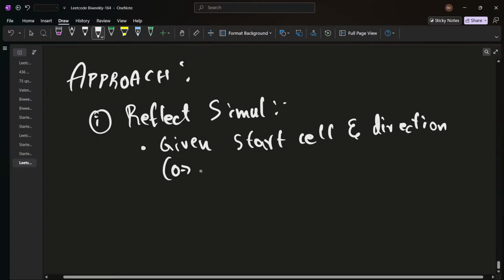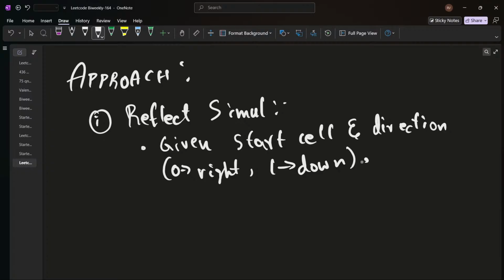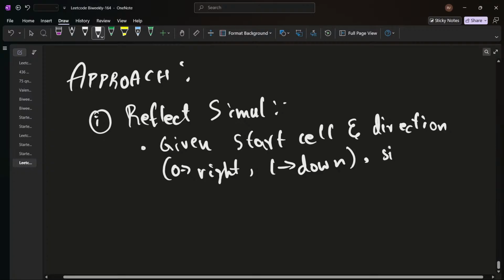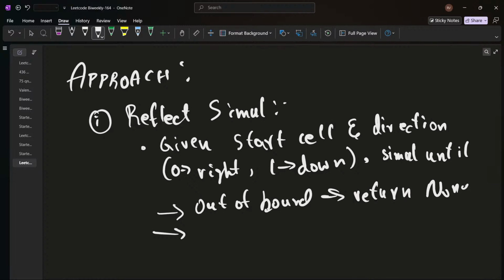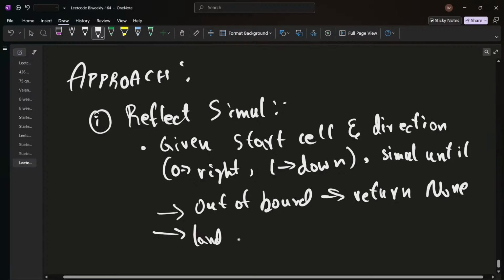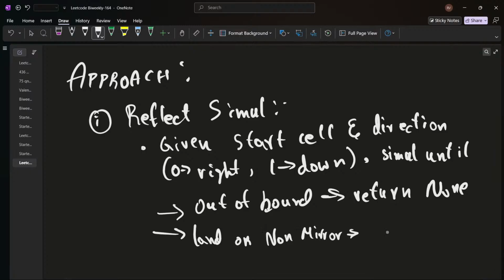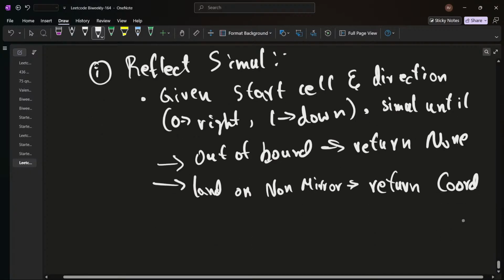Direction 0 is right, 1 is down. We simulate the reflection until one of the two conditions I said: out of bound, which means return none, or landing on a non-mirror cell, which means return the coordinates. That's my first step.